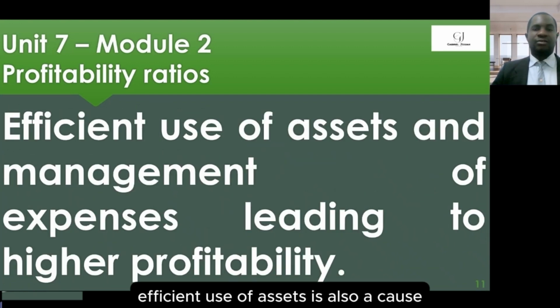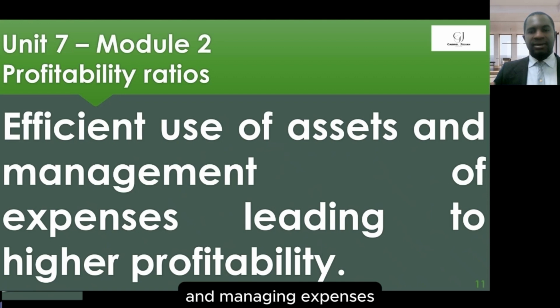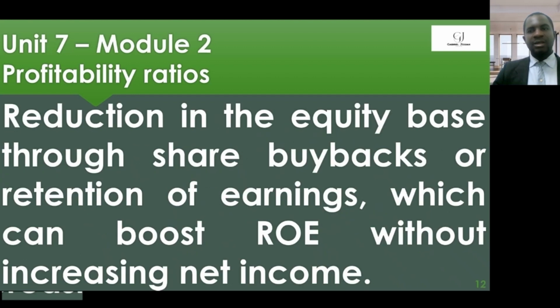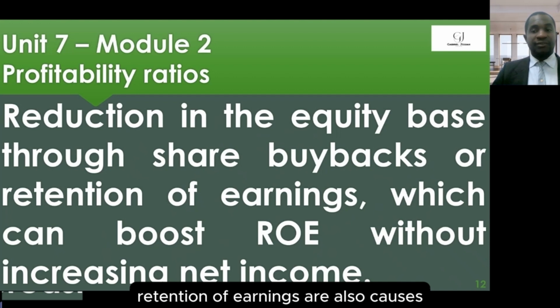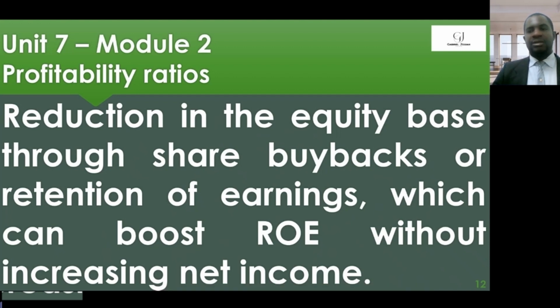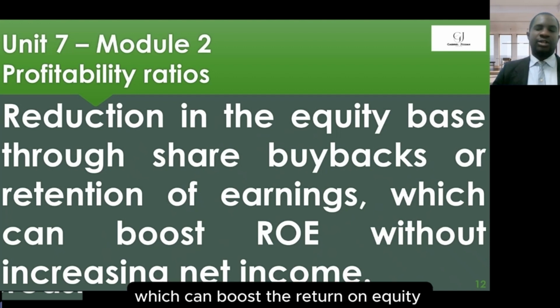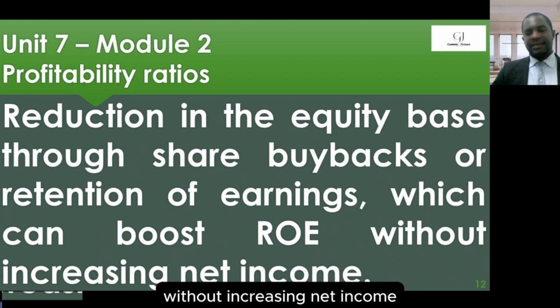Efficient use of assets is also a cause, and managing expenses leading to higher profitability is also a cause. Reduction in the equity base through share buybacks and retention of earnings are also causes, which can boost the return on equity without increasing net income.